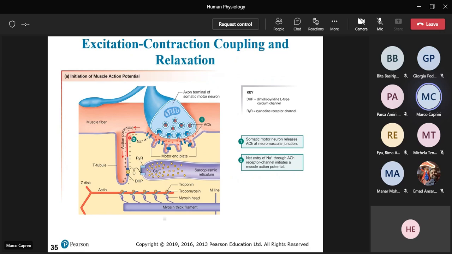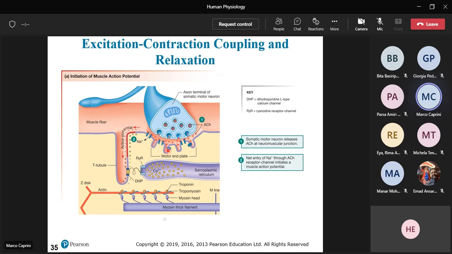Something mechanically gated here or chemically gated? Sodium, but which kind of channels for sodium? Voltage gated channel. Exactly. Voltage gated channels. Always voltage gated channels.